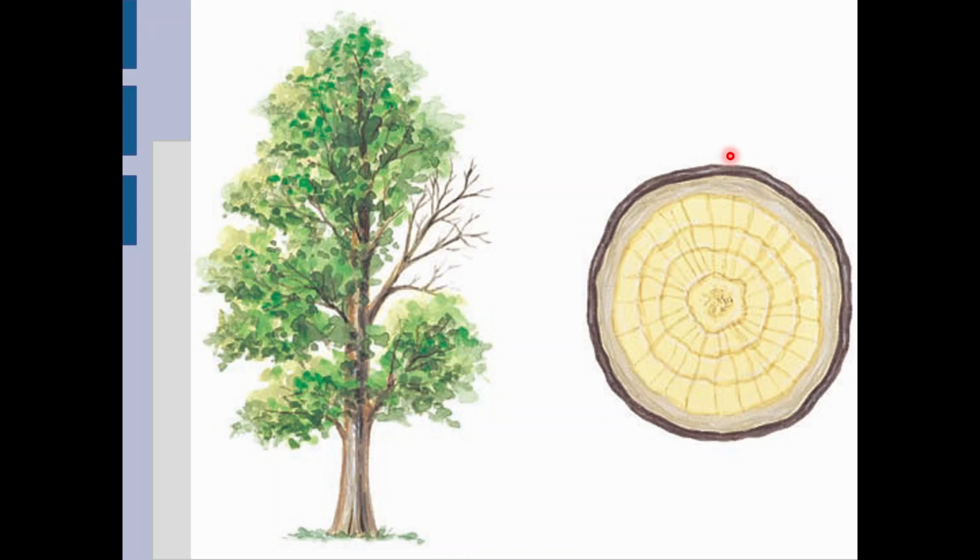So if we look at the annual rings, so this is 1, 2, 3, 4 years, actually 3 years old. 1, 2, 3 years old tree, and this is like a picture under the microscope.